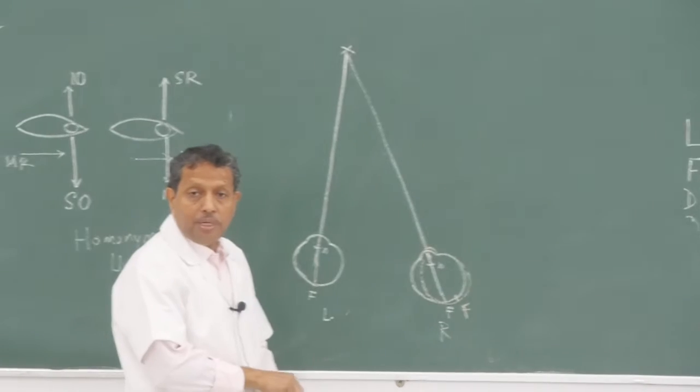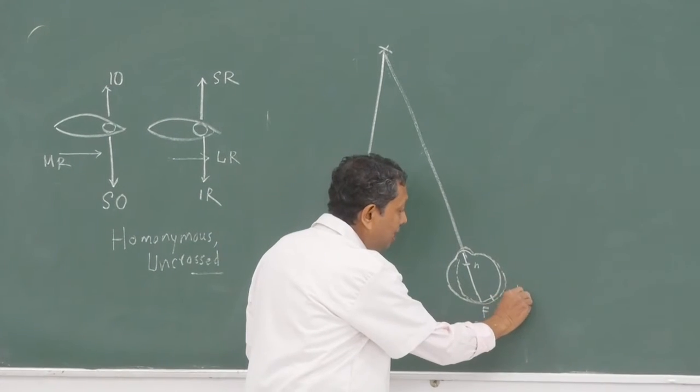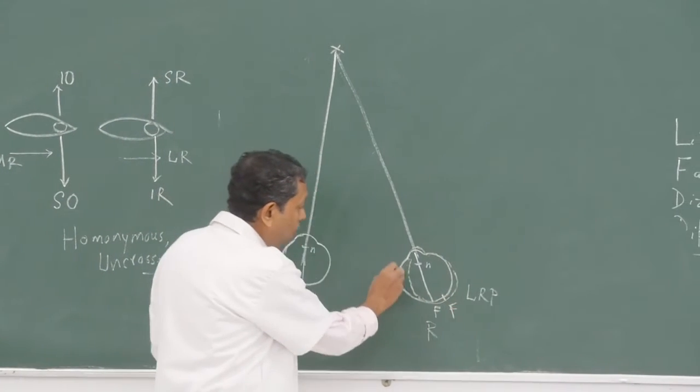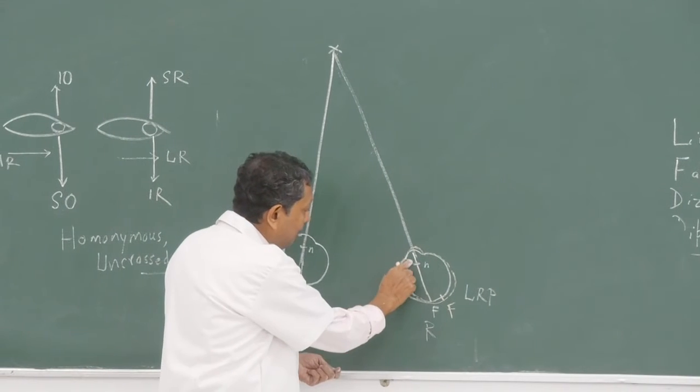It is the new position of the fovea. There is lateral rectus paralysis, so it will rotate in this way.